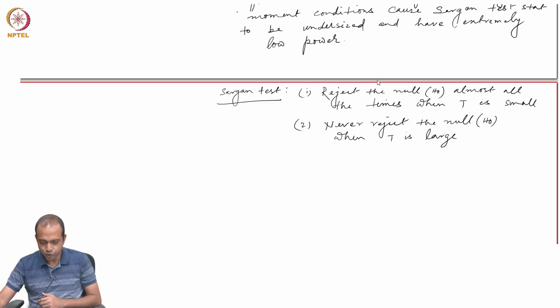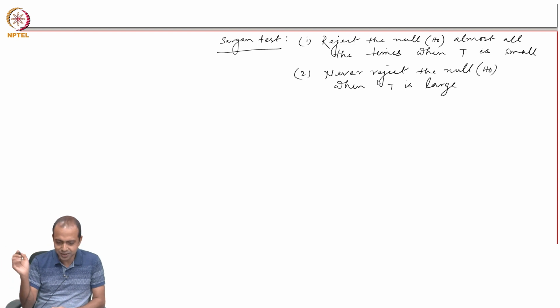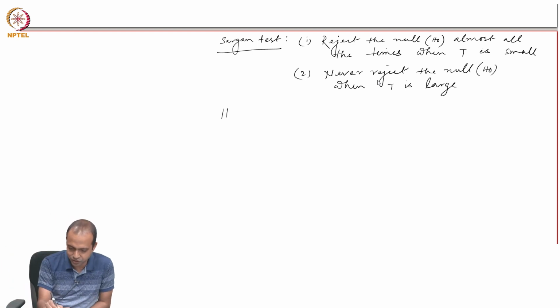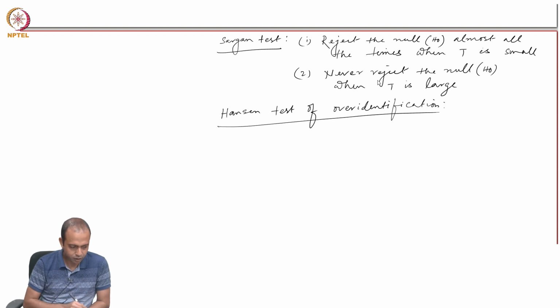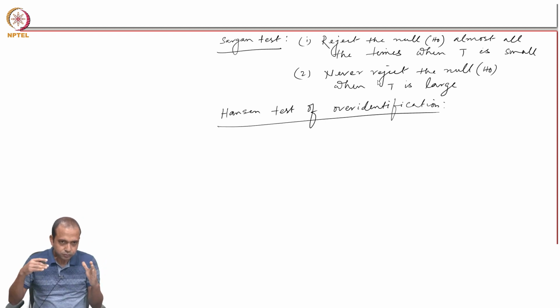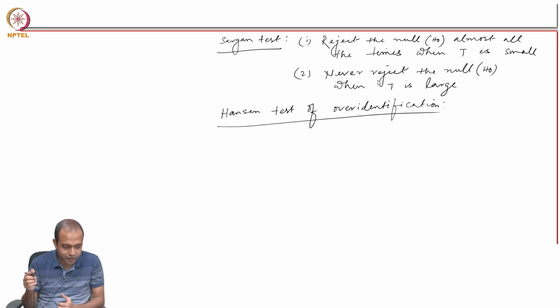And then when we go for the Hansen test of over identifying restrictions, it basically depends again on a function which we have discussed earlier.